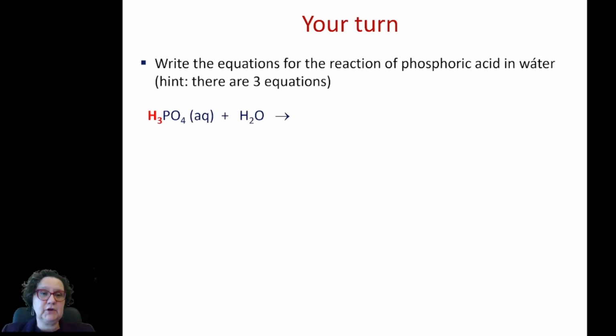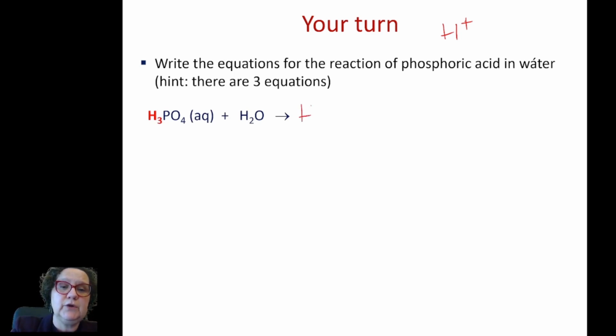So how would I do this? Okay, let's go for the first one. Phosphoric acid is an acid and it's going to donate 1 hydrogen ion to a molecule of water. So if the molecule of water accepts that hydrogen ion, how will it become? Well, it will become H3O plus. And now what do I have behind?